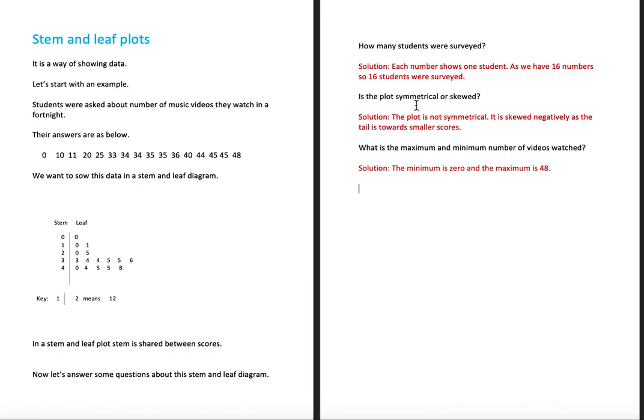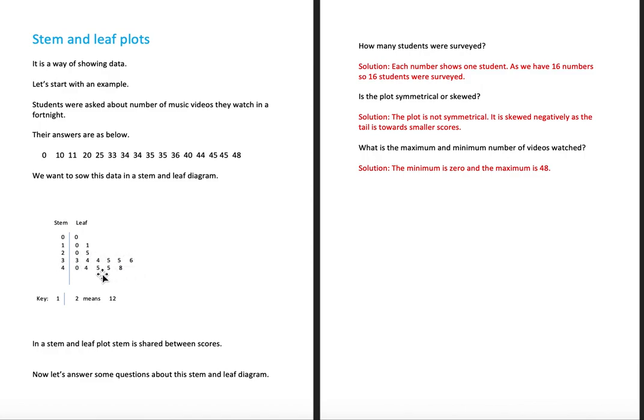Then, is the plot symmetrical or skewed? Yes, it is skewed because you have fewer scores at smaller amounts, but more scores towards the larger amounts. As you can see, you've got lots of digits here.